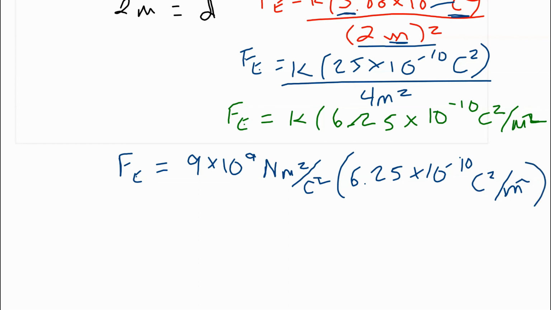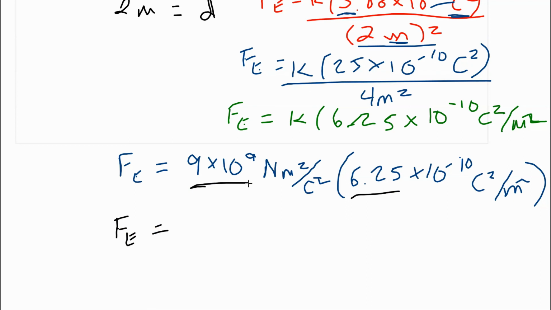So what I do next is multiply this number by that number, these units by those units. So in doing that, the electrical force, 9 times the 6.25, or I can just go ahead and multiply the whole thing on the calculator.